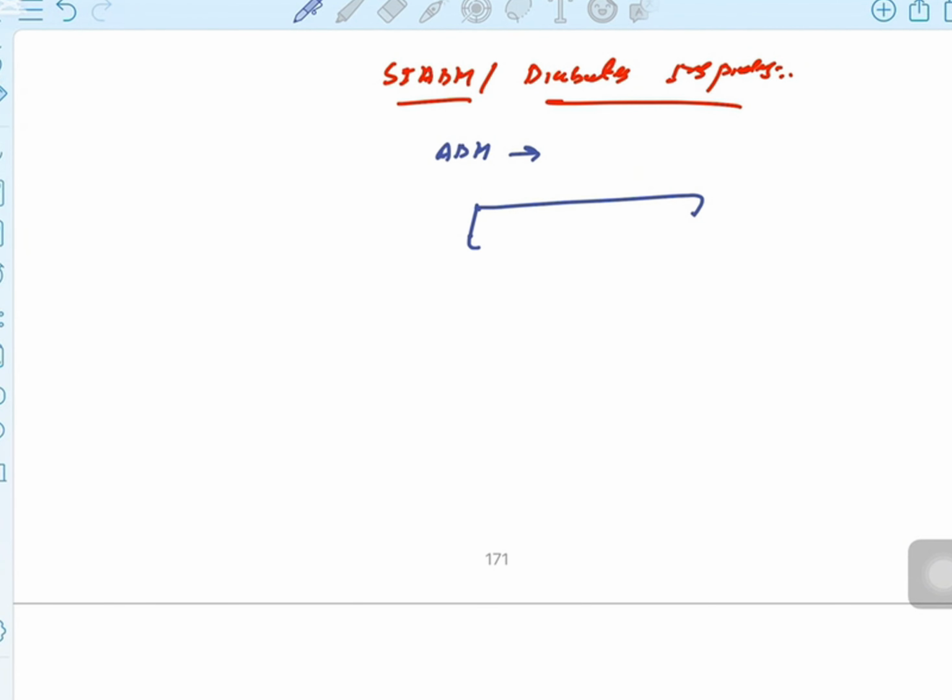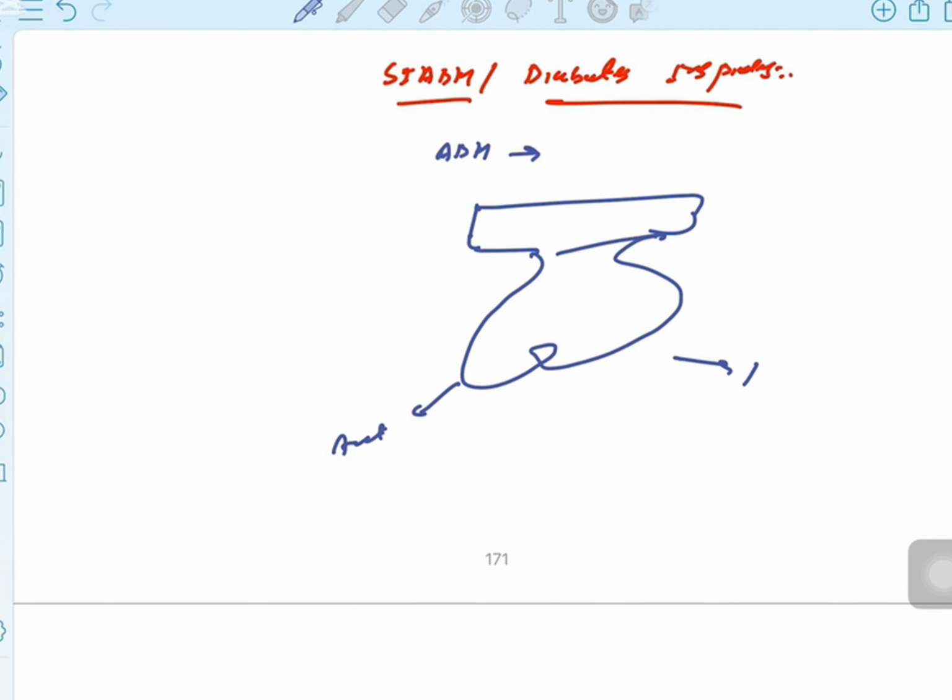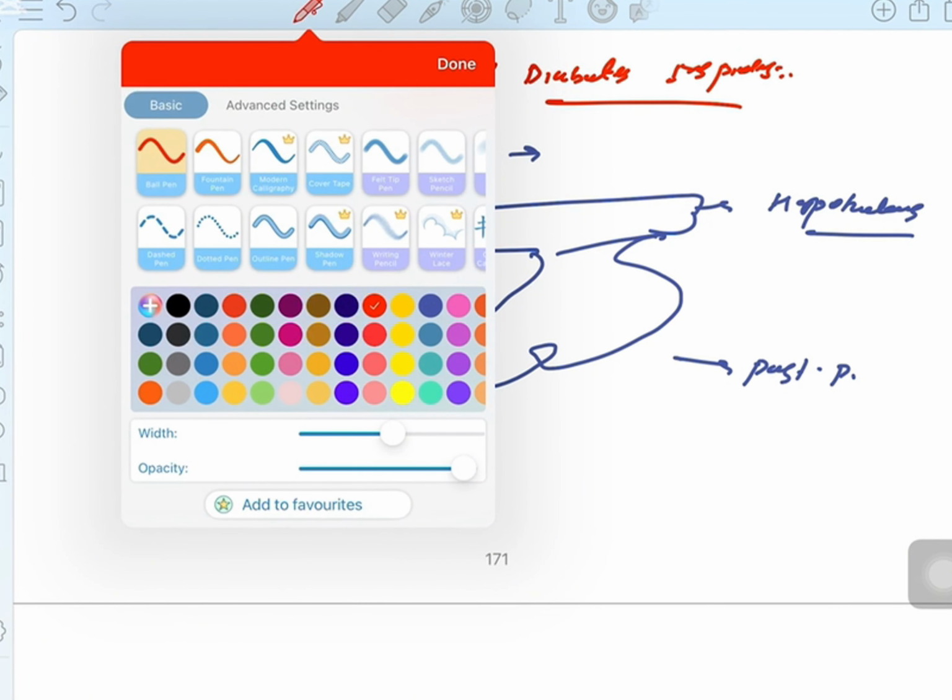Guys, just imagine that this is the hypothalamus, this one is the anterior pituitary, and this one is the posterior pituitary. In the hypothalamus, two important nuclei are present.